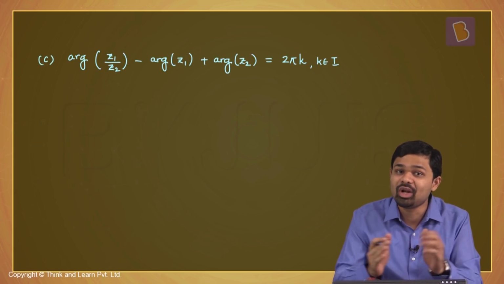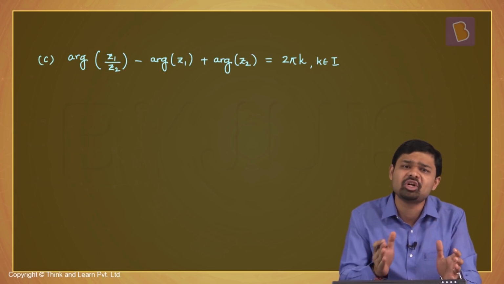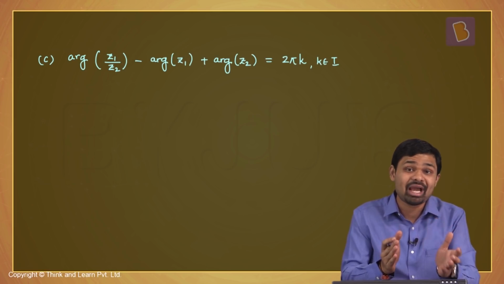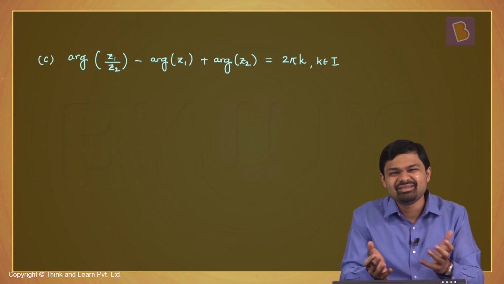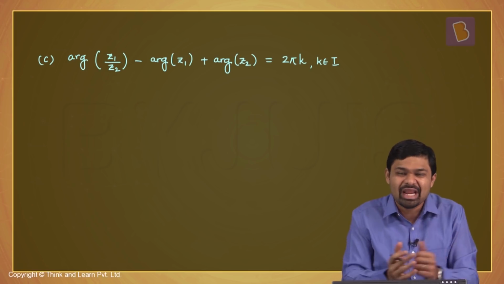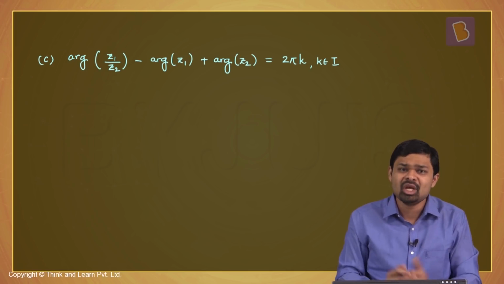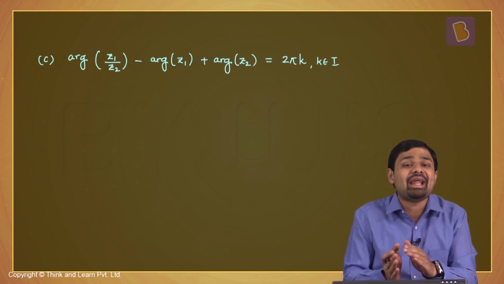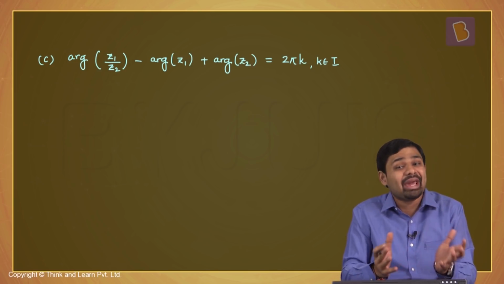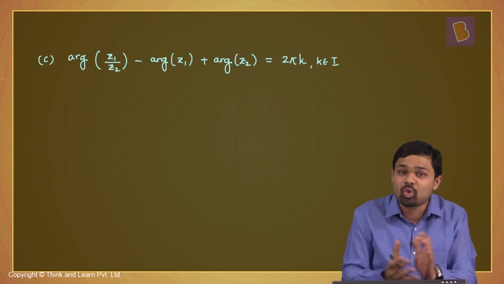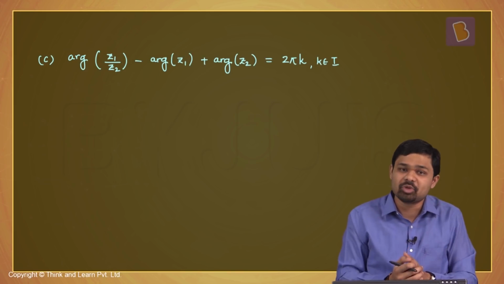The reason is that the principal argument always lies between negative pi and positive pi, and here they've told us that the argument of this entire expression is an integral multiple of 2 pi. Remember that any angle when added with 2 pi still remains the same in our entire quadrant system. So that's how we're going to approach this question.